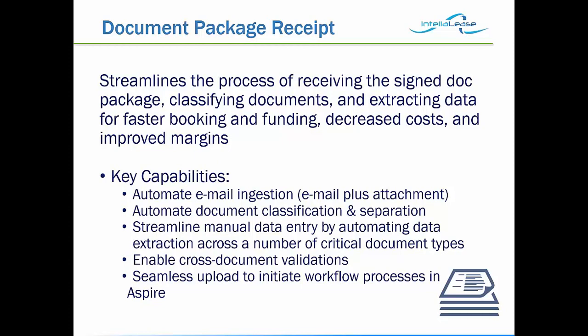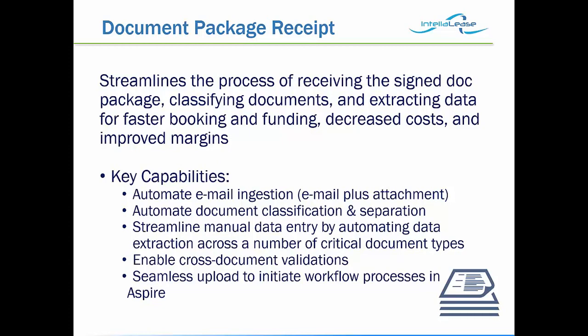So the key capabilities: we automate the email ingestion like you've seen with the credit application acceleration module. We automate the classification. With the credit app piece, it was sales order and purchase order. Maybe this time it's Schedule A and other bank statements, what have you. Validating that the information on the bank statement matches the applicant information, etc. Streamline the data entry, of course, just like we've used in the credit application acceleration.